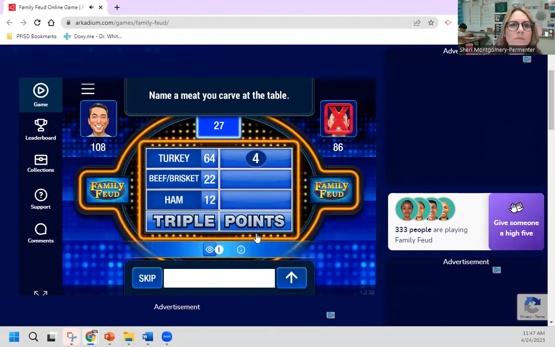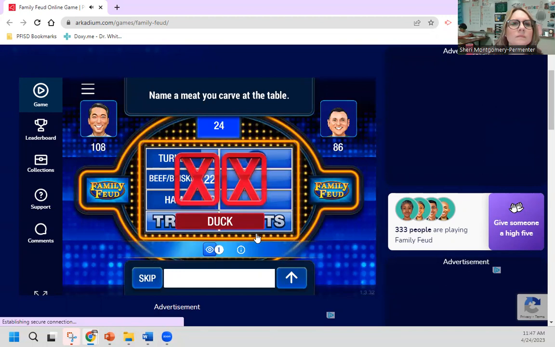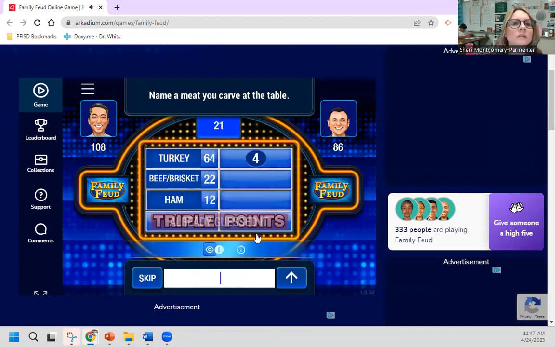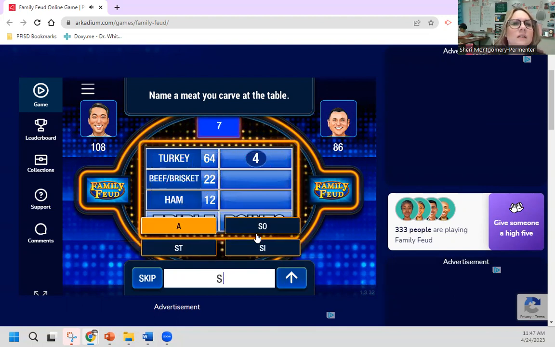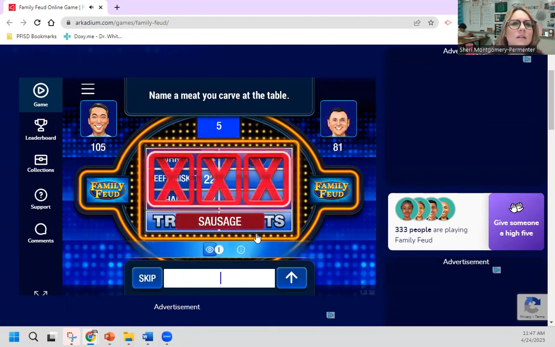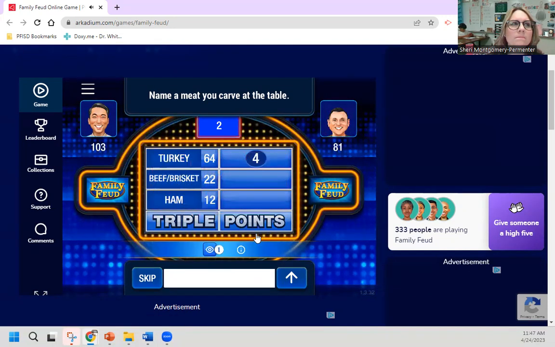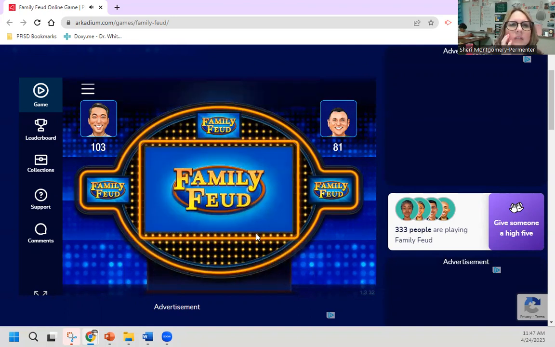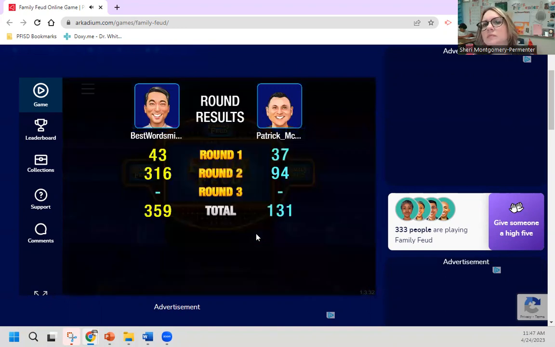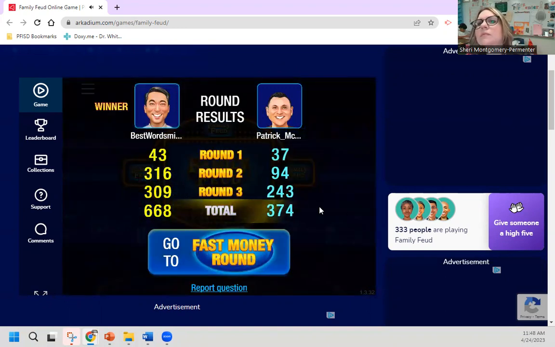Beef's up there. Meats you carve at the table. What other kind of meats do people eat? Fish? Is that a meat? We guessed chicken. Lamb? Oh, there's another one?